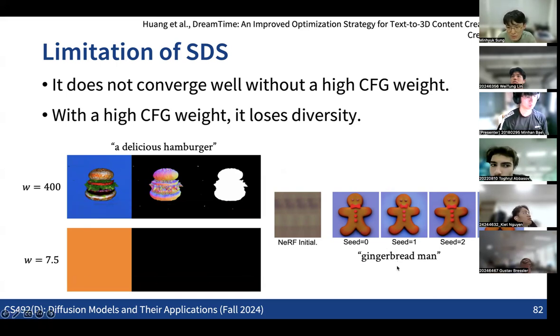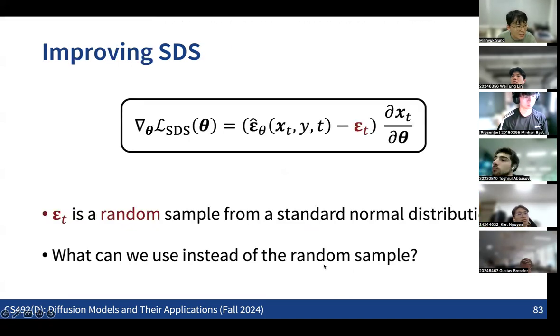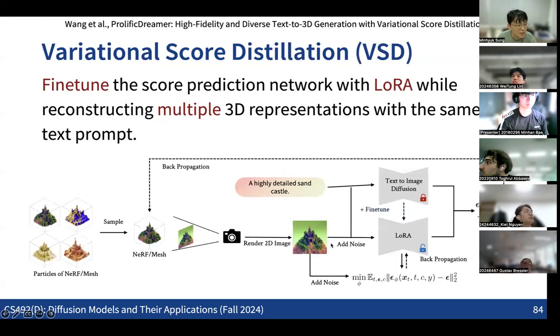There have also been lots of ideas for improving the SDS. One of the ideas is not using the random noise epsilon t here, but using a dedicated noise in terms of training the LoRA here. If I briefly explain this idea, it's generating not just a single 3D object, but multiple 3D objects like this.